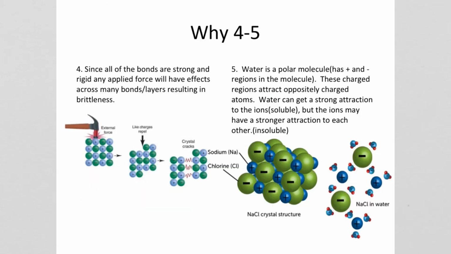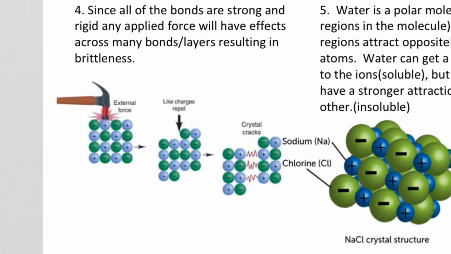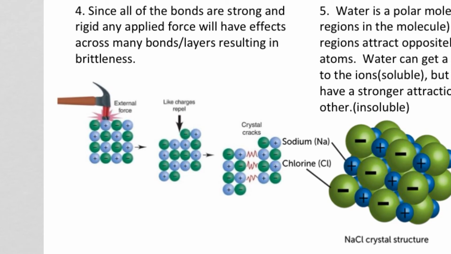All right, let's take a look at the next two. When we think of them being brittle, we have to think of all the positives and negatives that are attracted. And how wide is an ion? Well, let's just put it this way. It's not very wide. So if you apply this external force, like hitting it with a hammer, you've now shifted these solids one ion, putting now positives next to positives, negatives next to negatives, and other positives next to negatives.